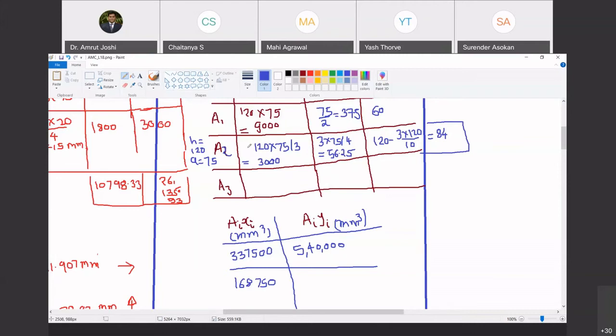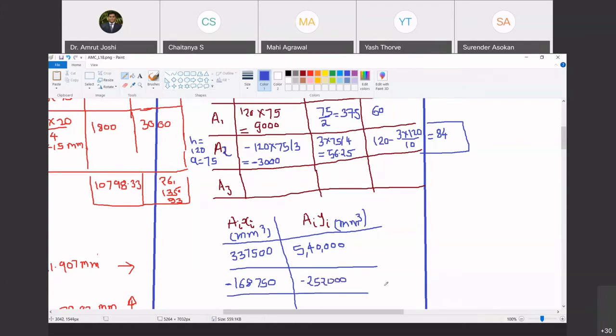A2, we have to give negative sign because we are subtracting it. Are you with me? So this sign is going to be negative. Yes, sir. Chalo. A2 into Y2, tell me how much is that? So minus 252000. Are you with me?